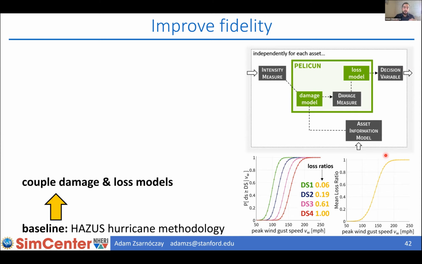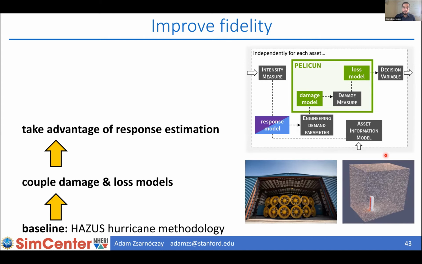In order to get to a higher resolution, we also need to think about using something more descriptive of the damage, and that's going to be the engineering demand parameters. In particular, as far as I know, it's the pressure, the wind pressure at different parts of the building. So instead of having one wind speed value, we go down to more localized description of the hazard, of the event.